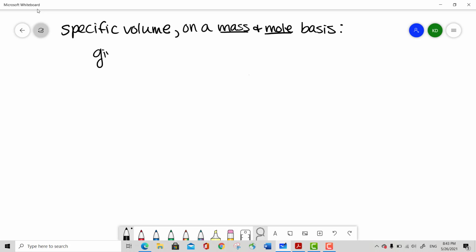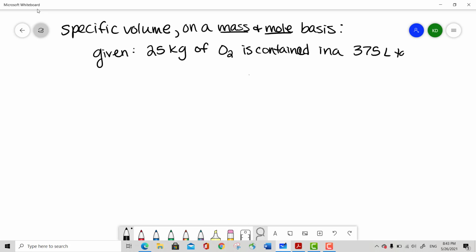So what we're given is 25 kilograms of O2 is contained in a 375 liter tank.